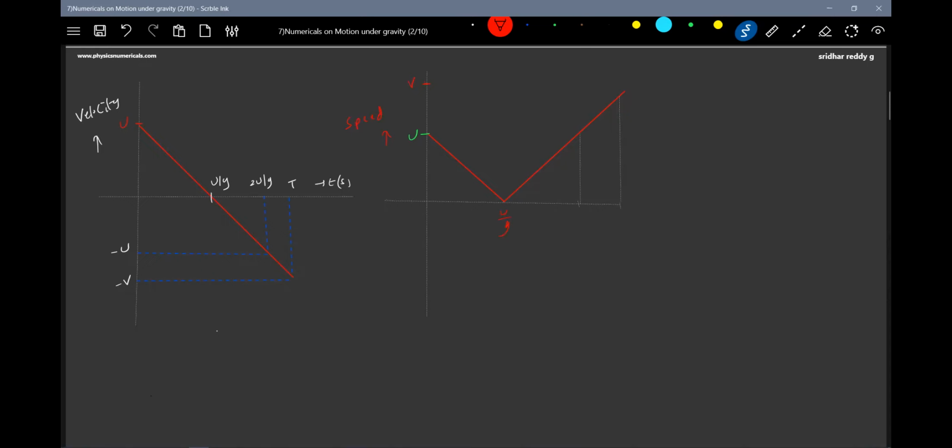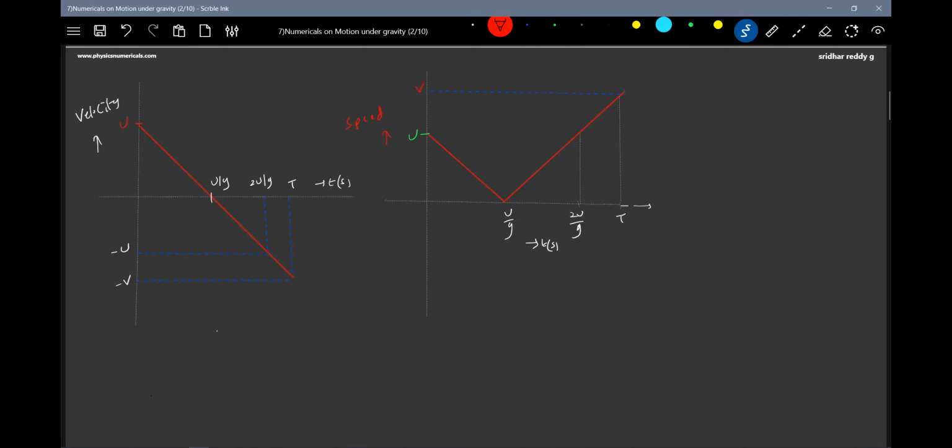Speed, this is u by g, 2u by g, this is t. Speed cannot be negative. It will come and strike the ground with a speed more than the initial speed of projection.